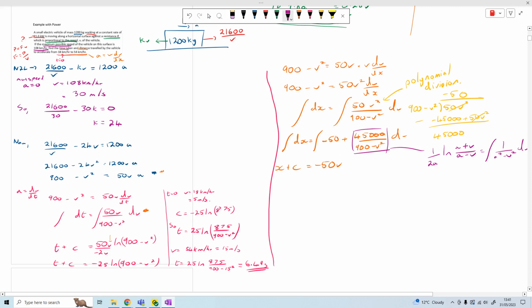There's a very similar form, so let's use that to our advantage. So I've got 45,000, let's leave my coefficient alone, over 2a. If 900 is a squared, a must be 30, so 2 times 30. Ln of 30 plus v over 30 minus v, the other way around.